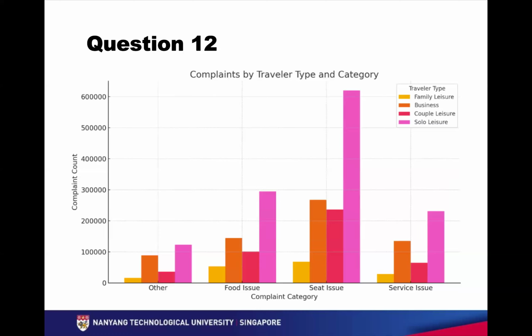First, we can take a look at all the complaints. As we can see, most complaints are on the seat issues. So we can infer that seat comfort is the top priority across all travelers, because we think that during a flight the passengers are mainly confined to their seats for the majority of the time.